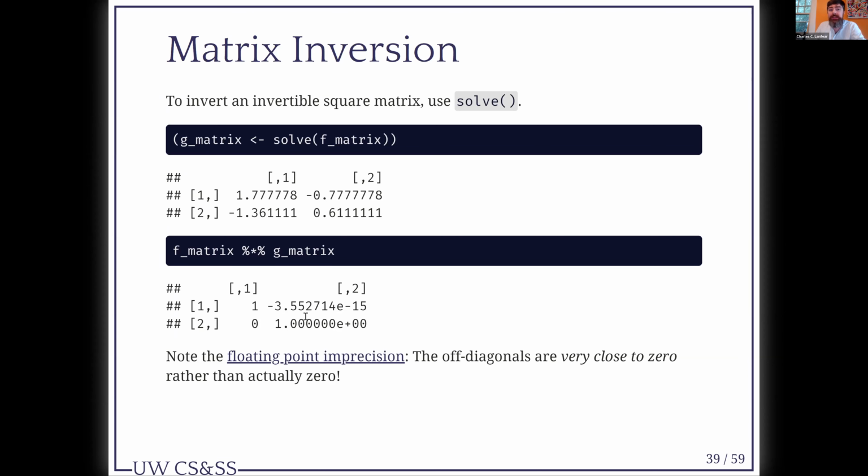Okay, this is called floating point imprecision in computers. Computers can only do math to a certain level of numerical precision.